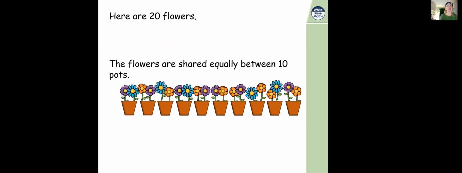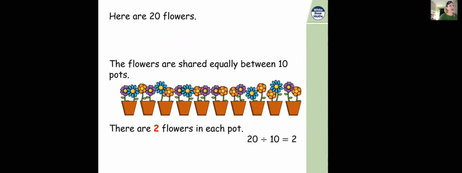Each pot has 2 flowers in it. So that can be shown as 20 divided by 10, the 10 pots, equals 2. 20 divided by 10 equals 2.